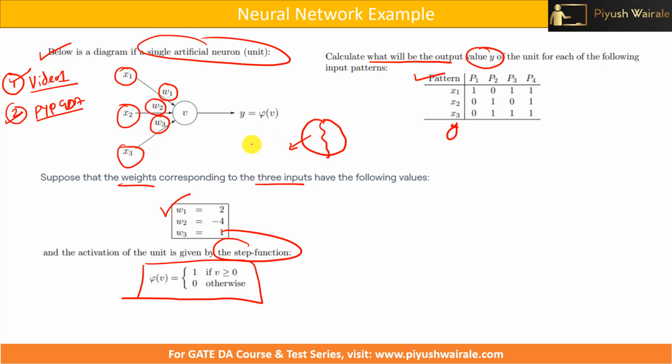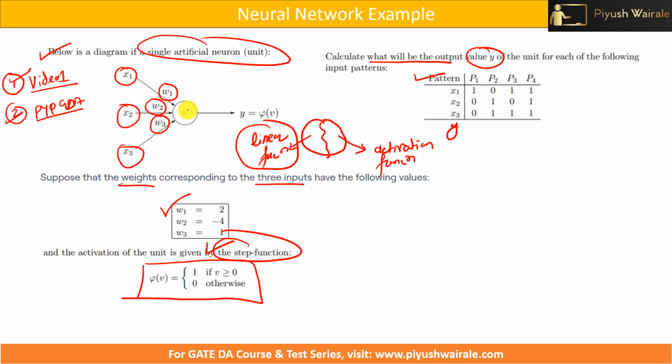The first is the linear function, where we combine the inputs, and the second is the activation function, which activates the neuron. There are various types of activation functions, and in this case the step function works as the activation function. The input to the step function is the output of the linear function.